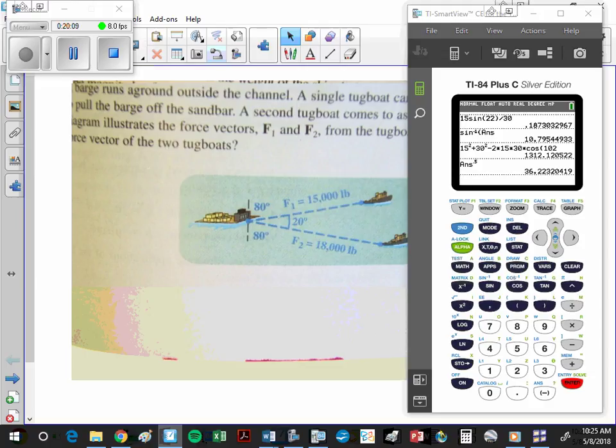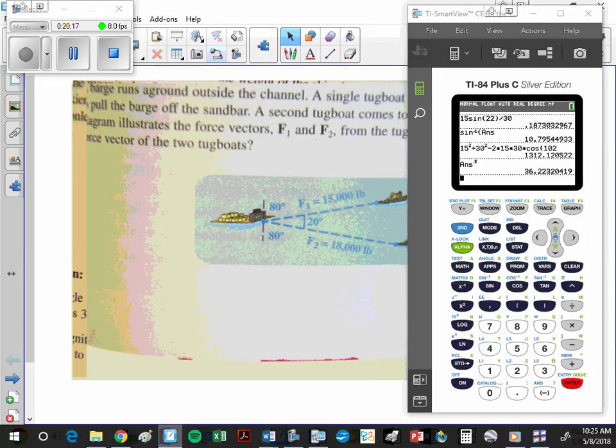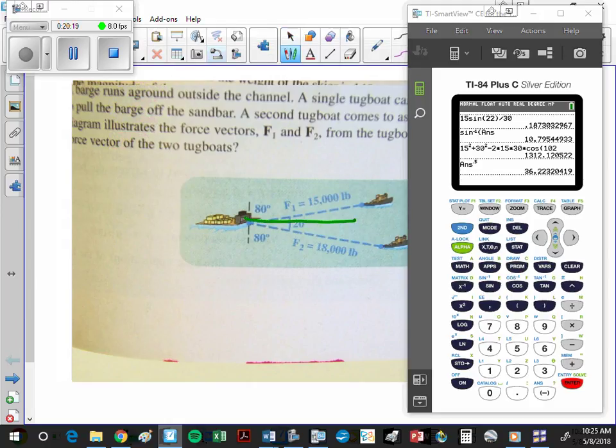Well, first off, why would the tugboats be pulling in two different directions? Well, they do want the boat to go straight, but why don't they both pull in that direction? They'd hit each other, or one would be on top of the chain of the other one. So they can't pull straight.